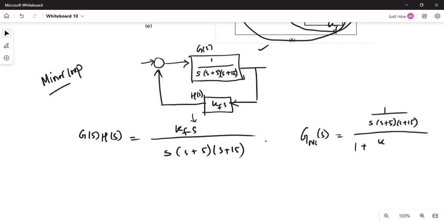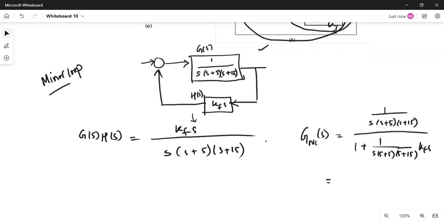You can just keep the KF later on where the HFs. So it's up to you. So 1 by S, S plus 5, S plus 15 multiplied by K of S.